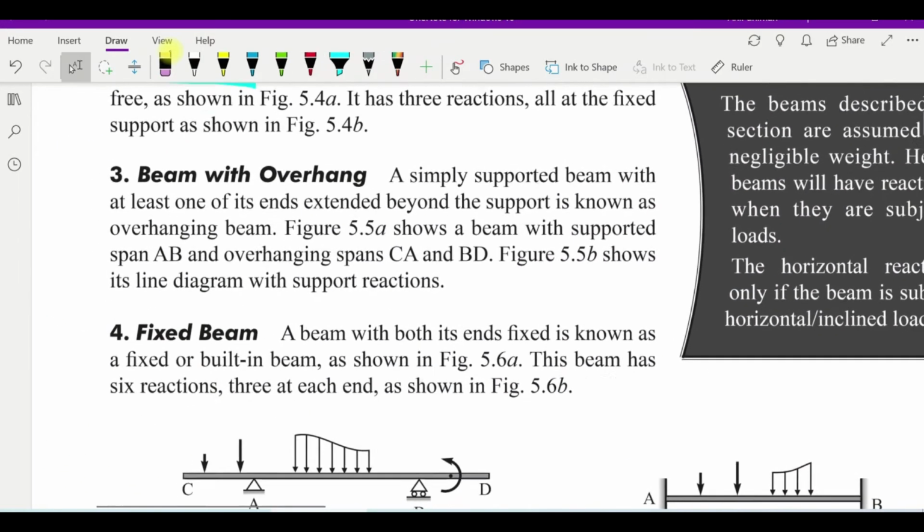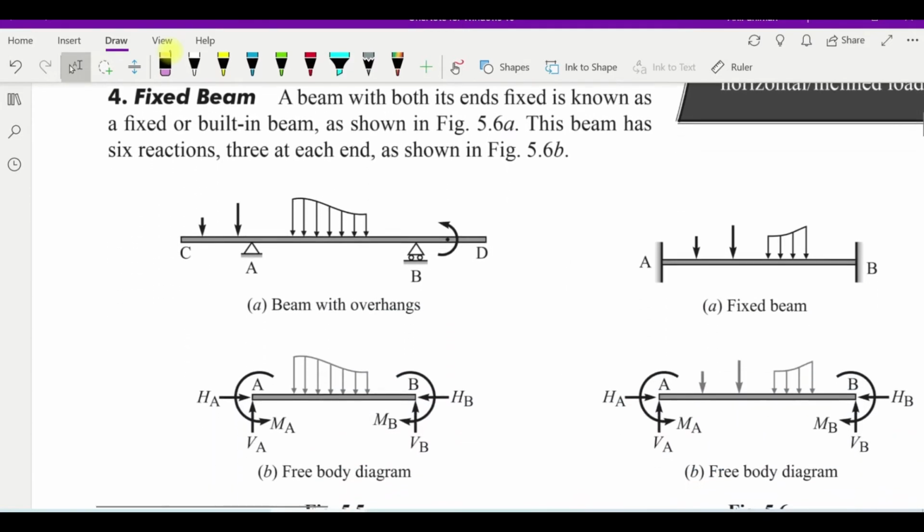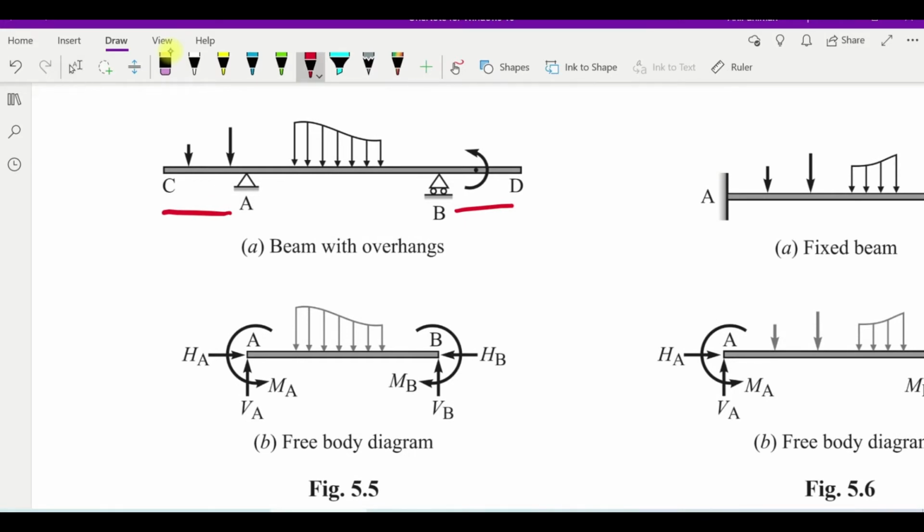The next category of beam is a beam with overhang. A beam with overhang has at least one of its ends extended beyond the support, otherwise it is a simply supported beam. Let us look at the diagram. So this is a beam with overhangs. You can see CA is an overhang, the CA portion is overhanging beyond support A, and the span BD of the beam is overhanging beyond support B. These two overhanging portions are also subjected to some kind of loading, which can be easily converted into the reactions MA and MD.